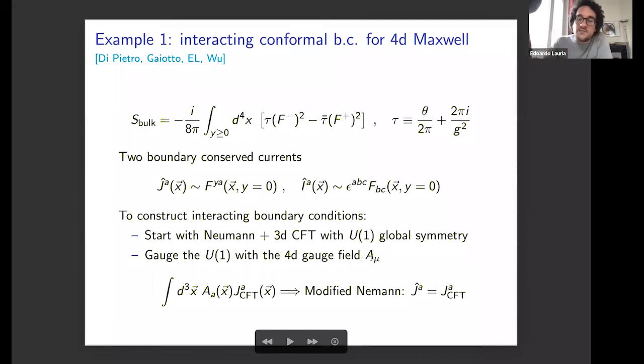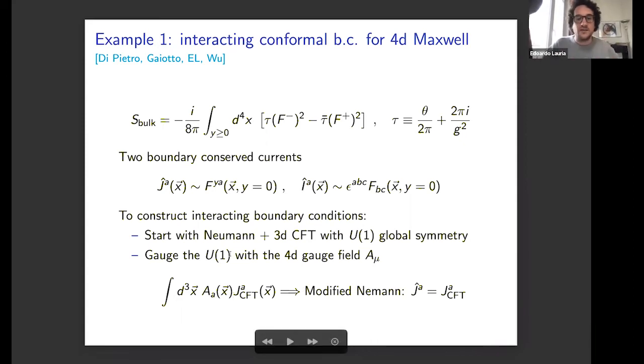If you take a parallel component to the boundary, this is just a dynamical mode that appears, so it's available. So you start with the Neumann boundary condition, and you couple this Neumann boundary condition with the degrees of freedom of a 3D CFT. Now, if this 3D CFT has a U1 global symmetry that is locally generated by, let's say, a current J CFT, then there is a universal coupling that you can write down.